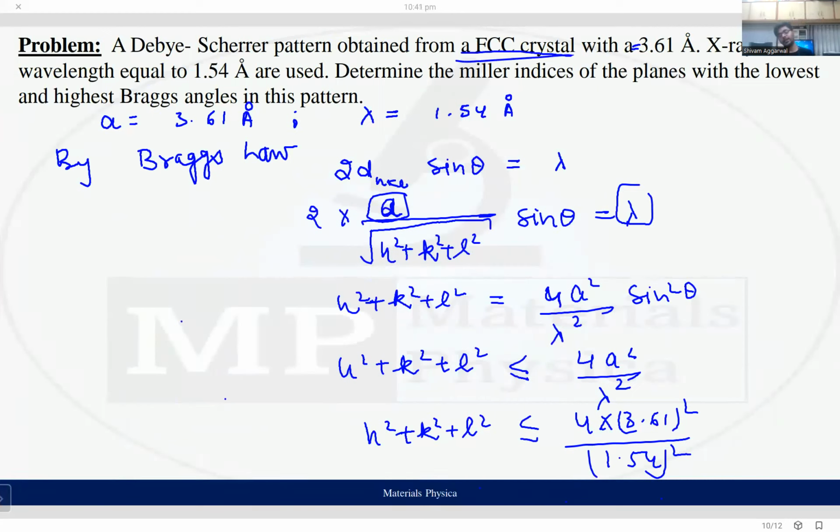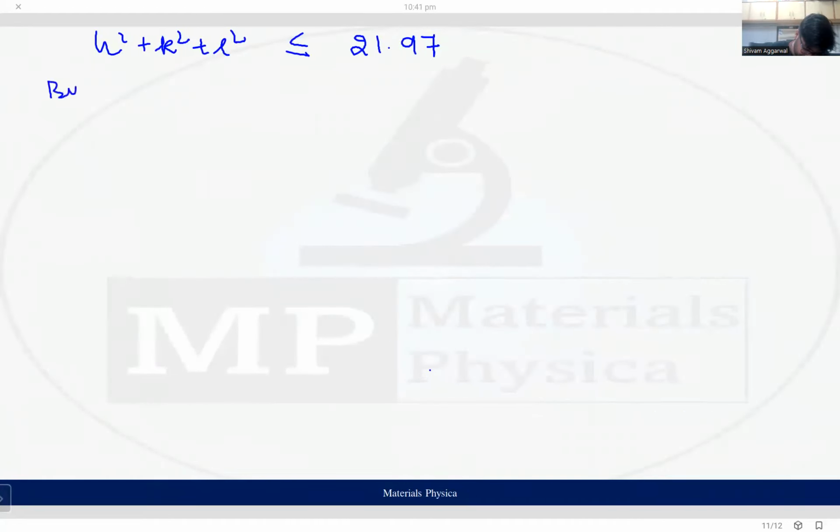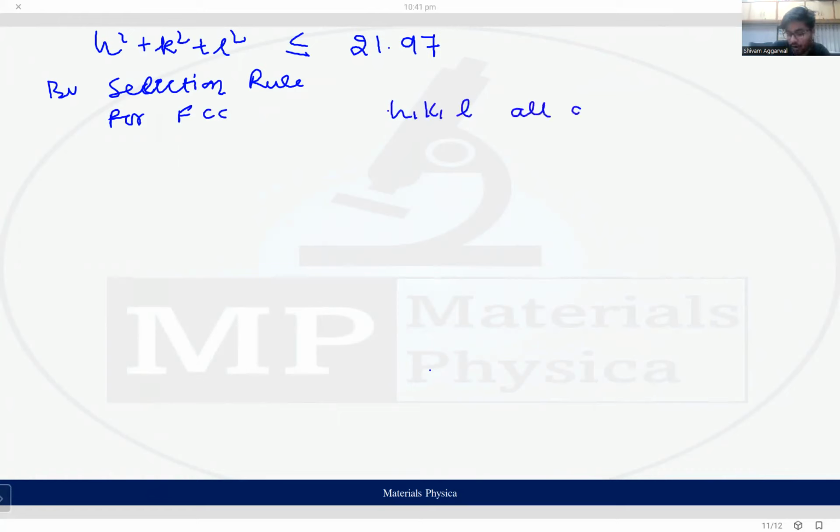So we have to take care about which reflections for values of hkl occur or not. So again by the selection rule, for FCC, hkl are all even or all odd, as we also saw in the last question.